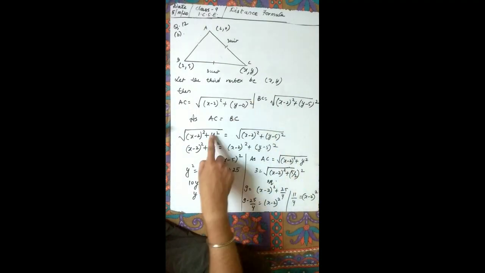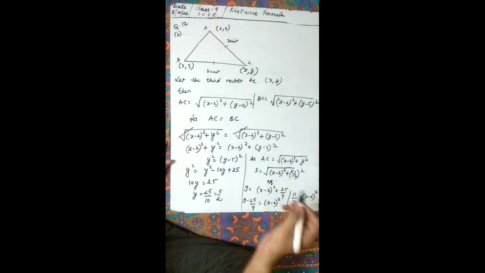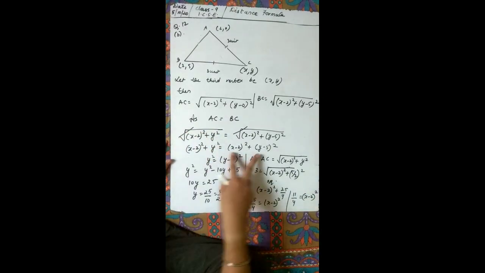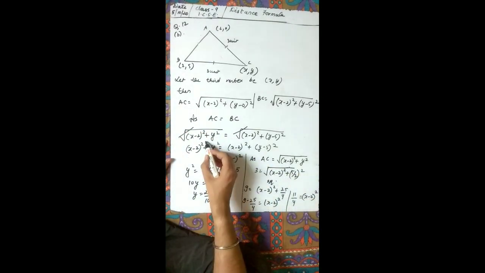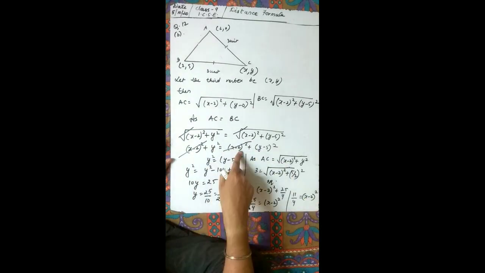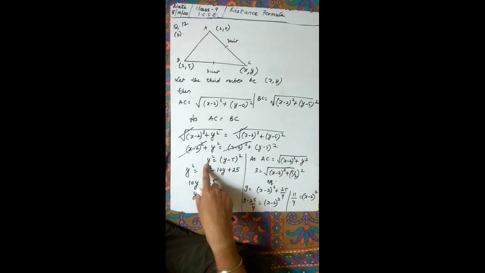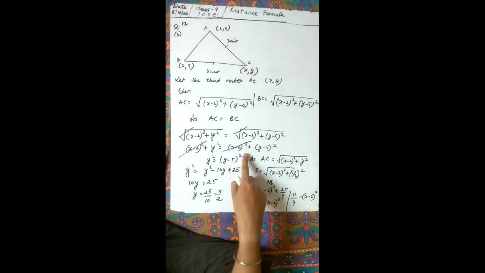Y minus 0 the whole square becomes y square. We can cancel this root with this root, and we can cancel (x minus 2) the whole square with the other (x minus 2) the whole square, because they have the same sign on both sides. So you are left with y square and (y minus 5) the whole square.